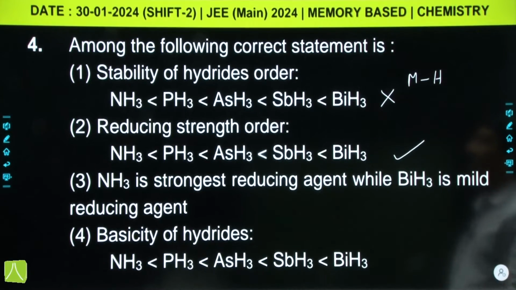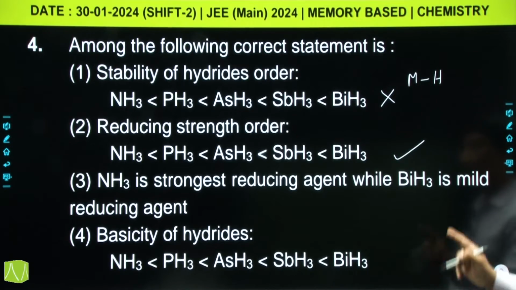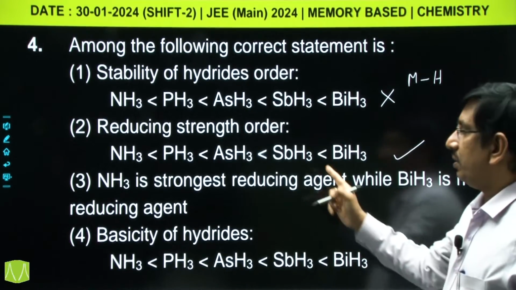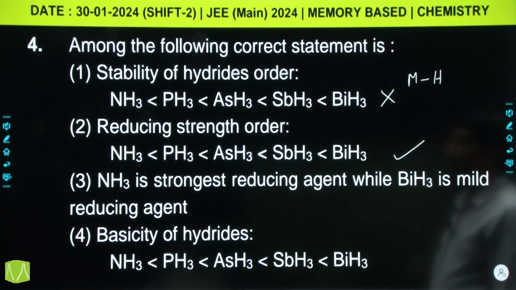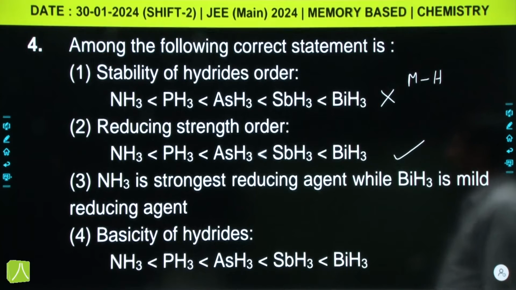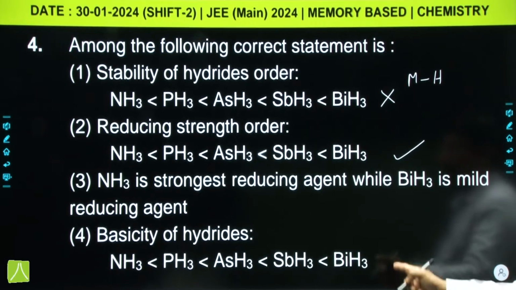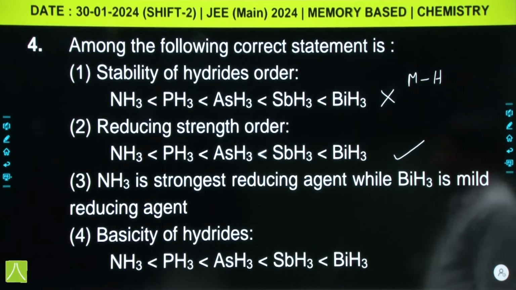Third statement: NH3 is the strongest reducing agent, while BiH3 is the mild reducing agent. This is also wrong. NH3 is a mild reducing agent and BiH3 is a strong reducing agent. And basicity of hydrides order is given: NH3 less than PH3 less than AsH3 less than SbH3 less than BiH3.